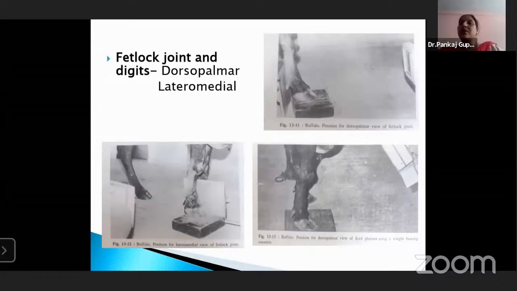For the first phalanx and second phalanx, we can take dorsopalmar and lateromedial view, but for the investigation of the third phalanx, we must take oblique dorsopalmar views, in which the angle of obliquity is 45 degrees to the earth, and we use the weight bearing cassette.